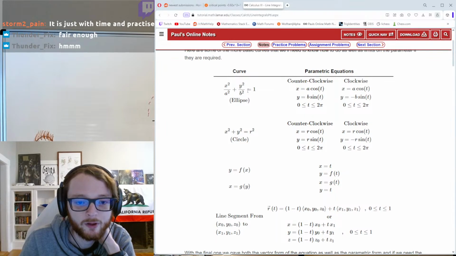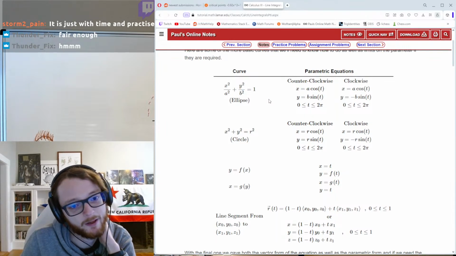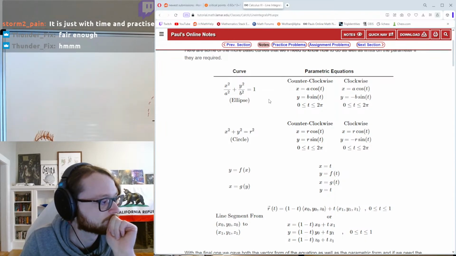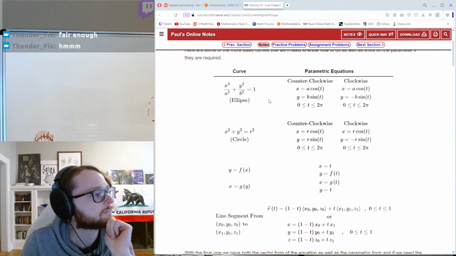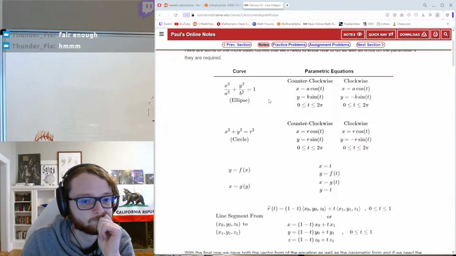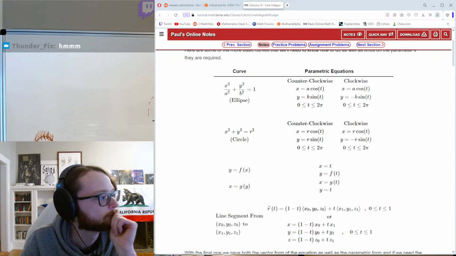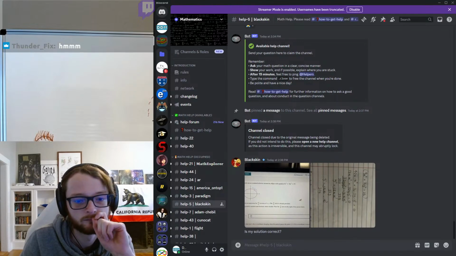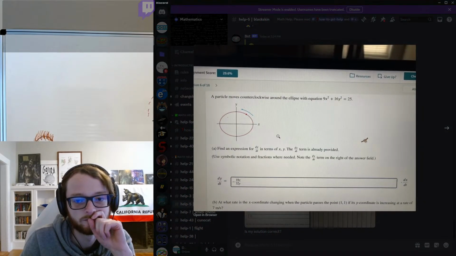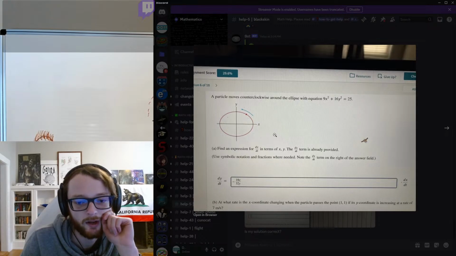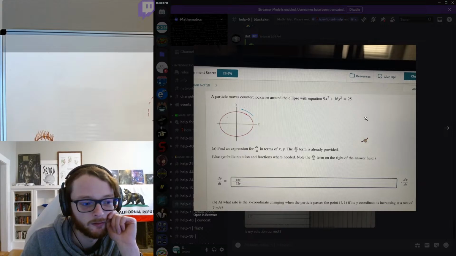Is equal to b sine t. Okay, yeah, so I did call it. You'd have to divide by the 25. Why is dy by dt multiplied by dx dt? Called the vertex. Oh, okay. Funny.